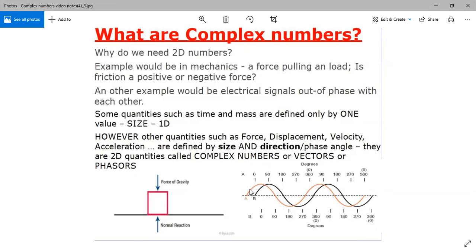So we need to define voltages and currents with both amplitude and phase shift. Other quantities like mass, time, energy, they have size only, so they're 1-dimensional quantities. In the electrical world, Ohm's law and Kirchhoff's law still apply, but when we are using those formulas, we have to use 2D numbers in AC circuits.